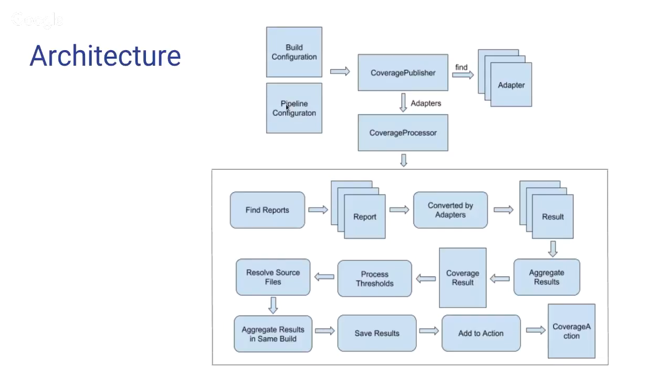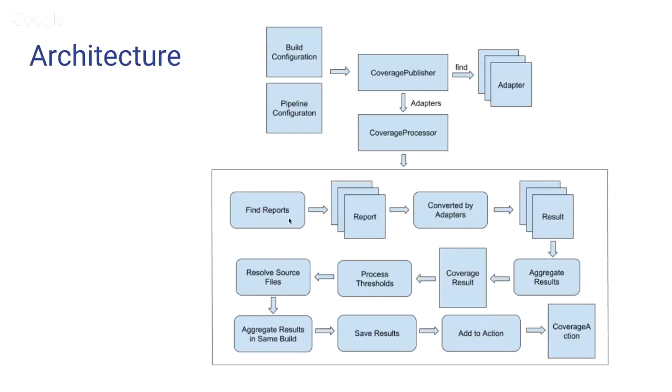We can configure our plugin in build configuration and also pipeline configuration. Our plugin will read these configurations and find the report paths, then pass those paths to the coverage processor and start the parsing process.